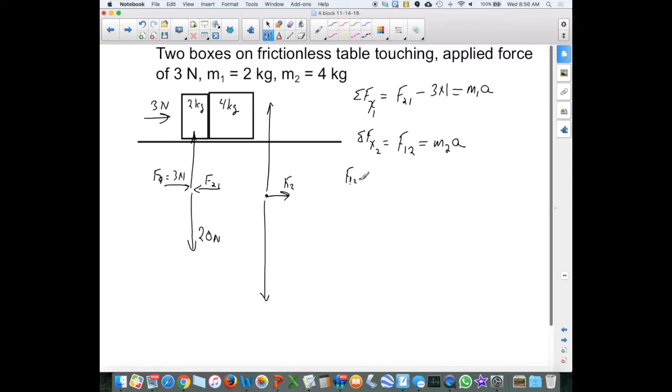The magnitude of F of 1 on 2 is equal to the magnitude of F of 2 on 1. So I can play my game where I add them together and I get, oh, you know what? I made a mistake here.